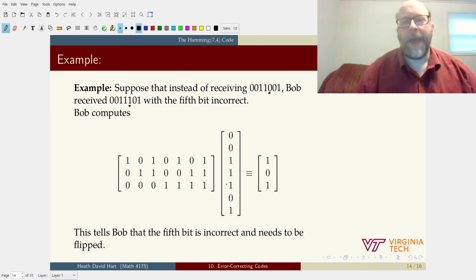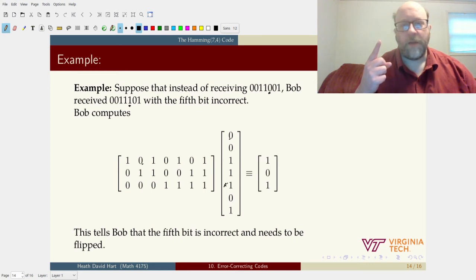So this is the bad bit right there. So when we calculate this product of the decryption matrix with the vector we received, we get 1 times 0, 0 times 0, 1 times 1, that gives me 1, 0 times 1, 1 times 1 gives me another 1, 0 times 0, 1 times 1 gives me a third 1, which adds up to 1.